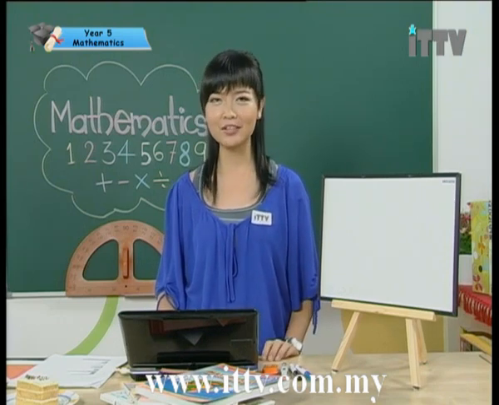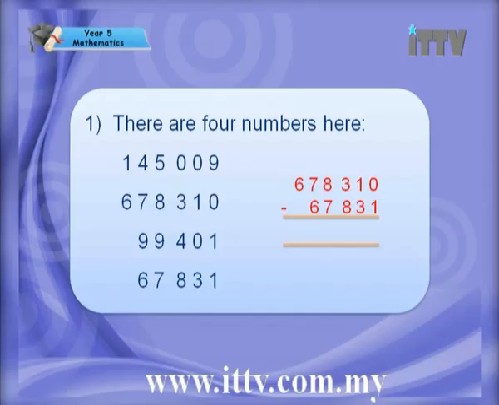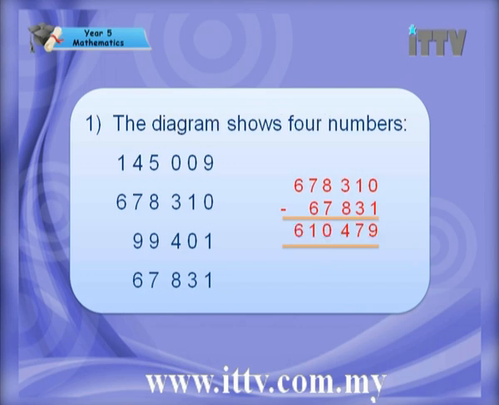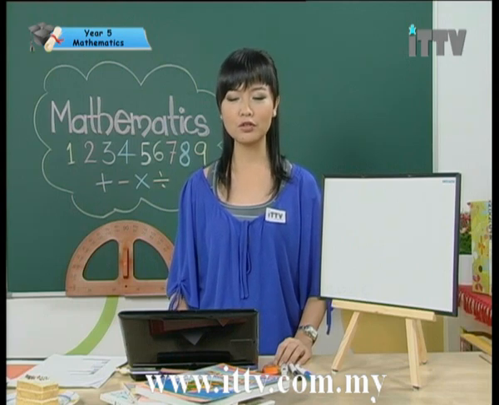Subtraction. Okay, so there we go. We take 678,310 minus 67,831. And that will give you the answer, 610,479. Pretty easy, yeah?